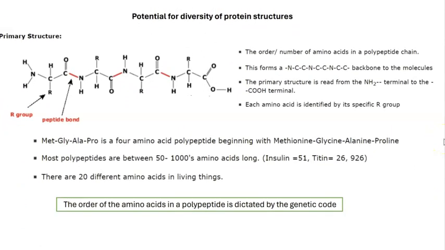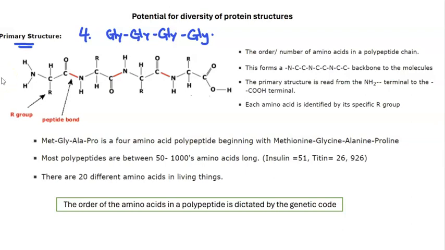This is the same structure that I showed previously, 4 amino acids, each of them glycine, and this would be abbreviated to GLY, GLY, GLY, and GLY as a way of recording the primary structure.